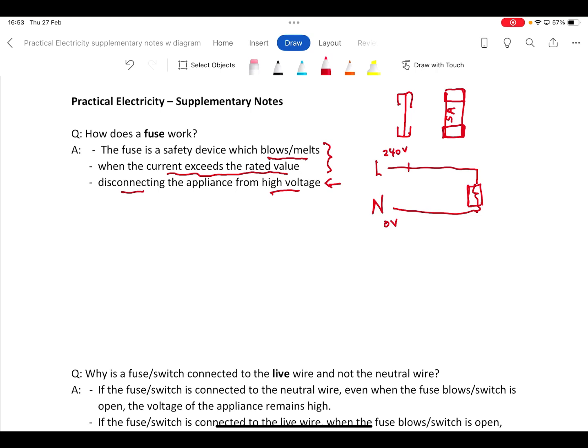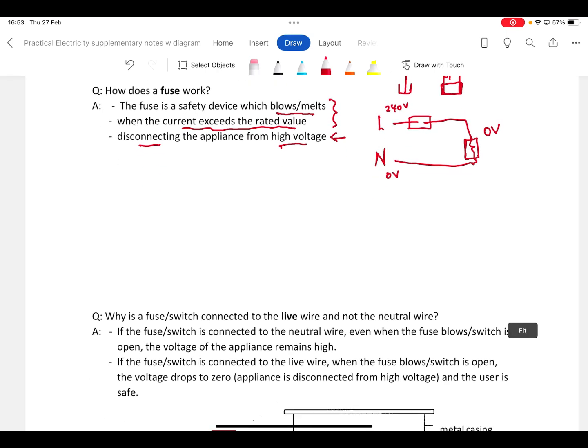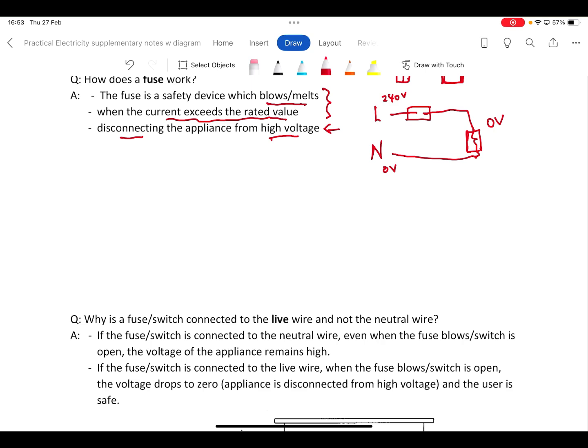When you place the fuse in the live wire and the fuse blows, I deliberately draw the disconnection there, the appliance will be at 0 volts. This is important. The third statement is actually talking about this, and I'm going to relate it to the next question.